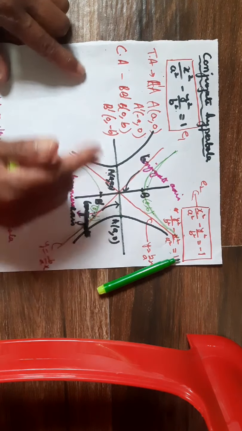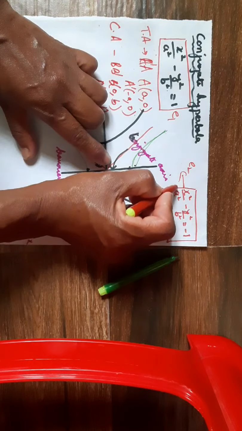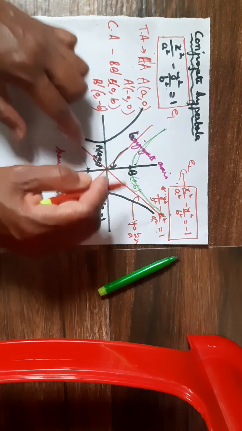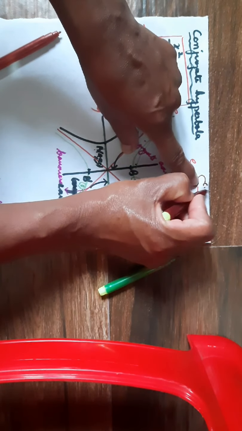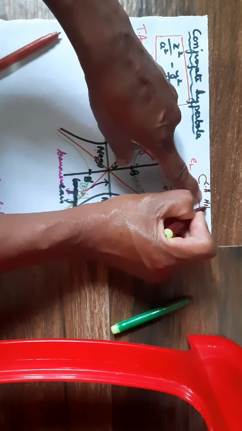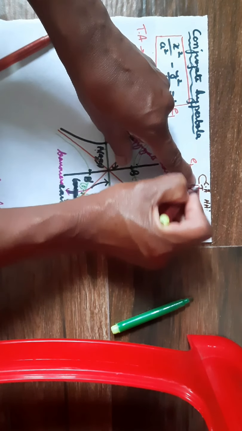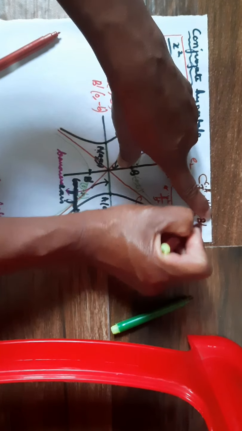But for the conjugate hyperbola, the conjugate axis is this one, A prime A, and the transverse axis is B prime B.